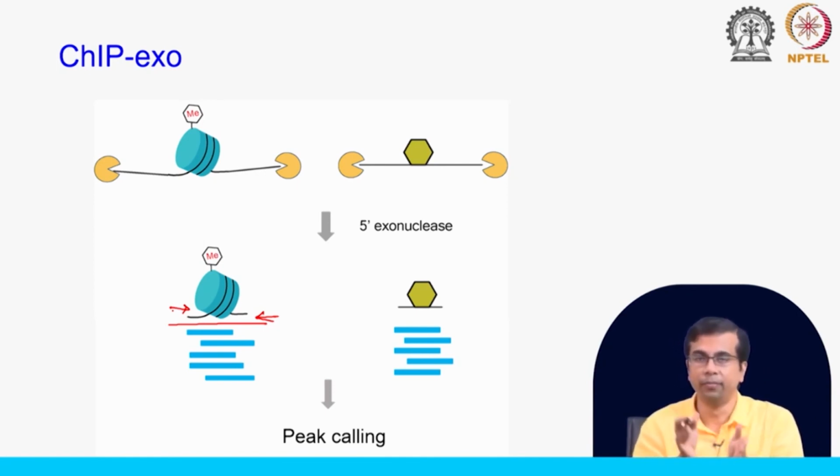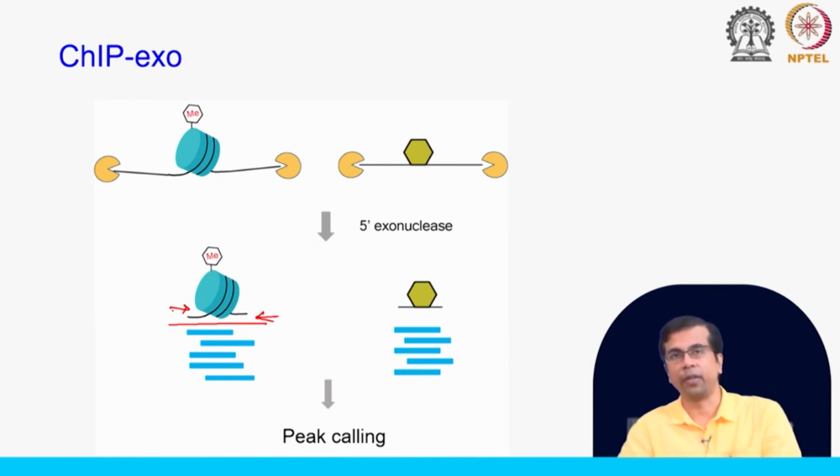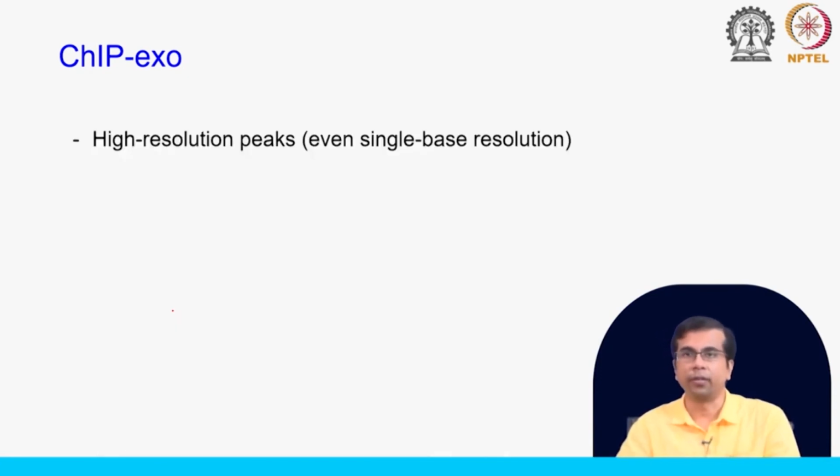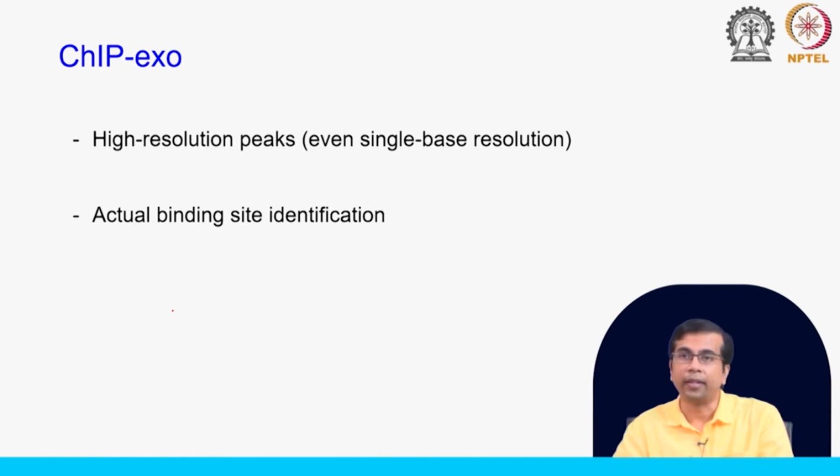So, you do not have to infer these peaks anymore. You can simply identify the peaks directly from this data, and this is a much more direct and simpler peak calling method. From ChIP-exo we get high resolution peaks, and sometimes even single base resolution. This is great. We can identify the actual binding sites.